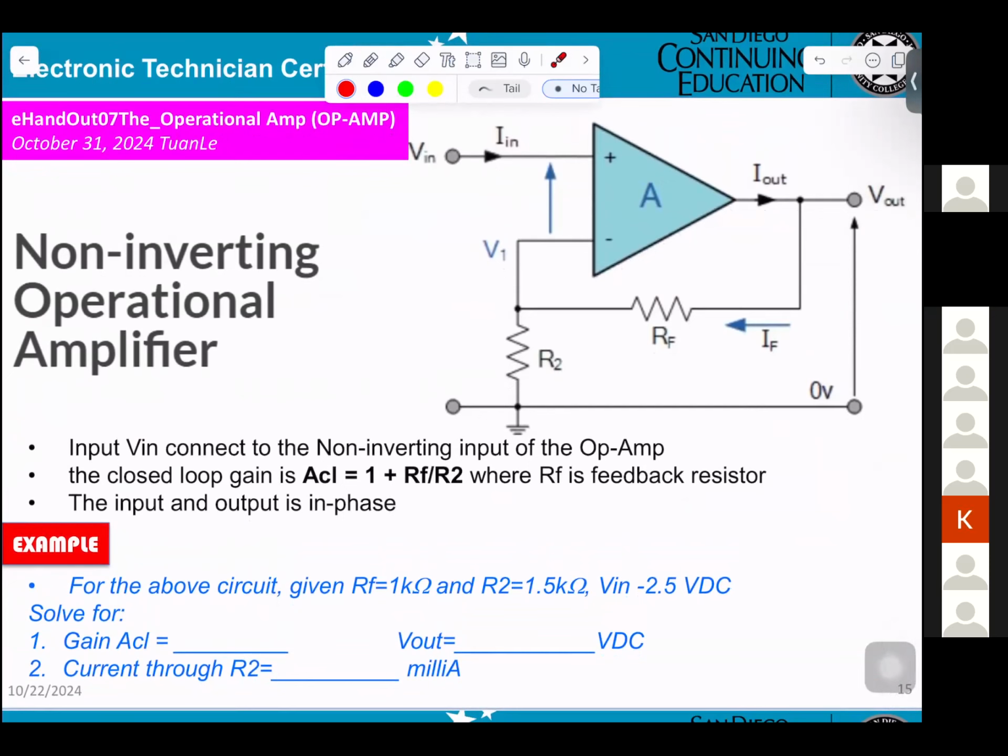Now you can try this one. Input V in connects to the non-inverting input, the positive input of the op-amp, and this RF is the feedback resistor. They give you the closed loop gain: 1 plus RF divided by R2.